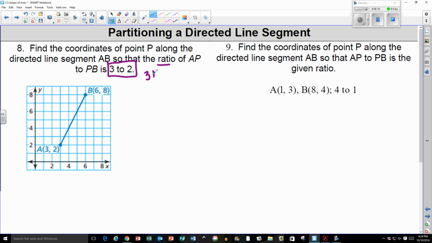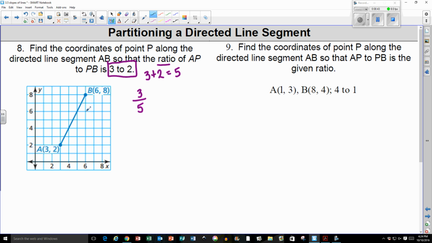Well, 3 plus 2 is 5. So we're going to divide this into 5 parts. And it has to be 5 equal parts. So it's going to be 3 parts out of 5 parts. So point P is going to be 3 parts in. So 3 to 5. So remember, there were 3 steps, and y'all did really good on this on the checkpoint.